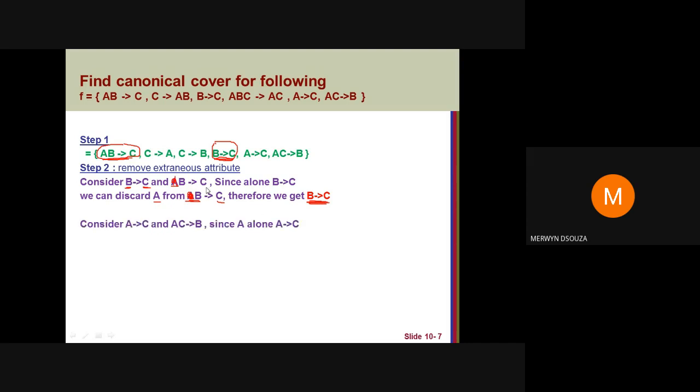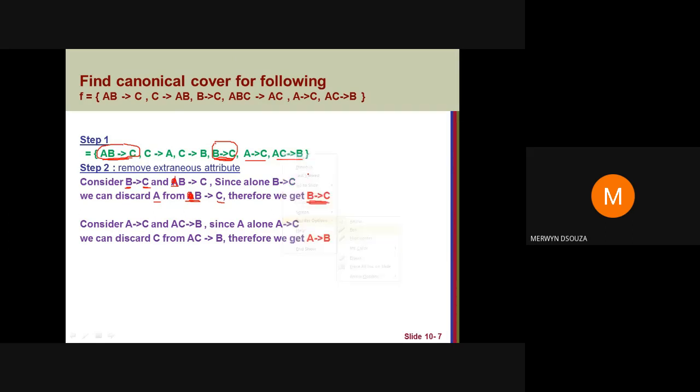In a similar way, you can consider this too: A determines C and AC determines B. Using the same logic, since A alone is sufficient to determine C, we can remove C from here.